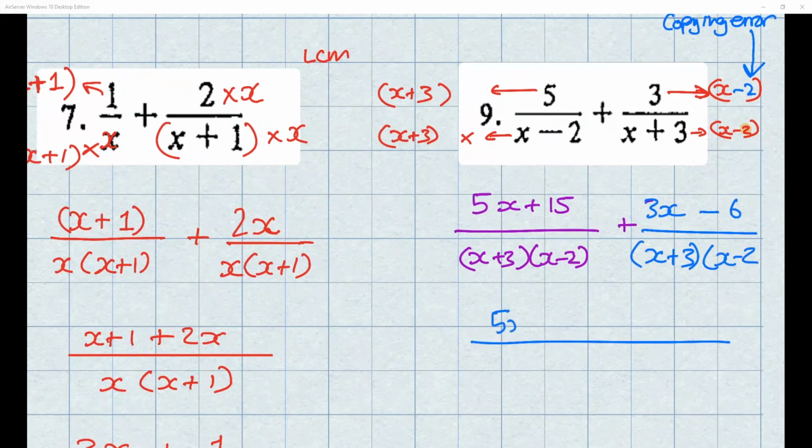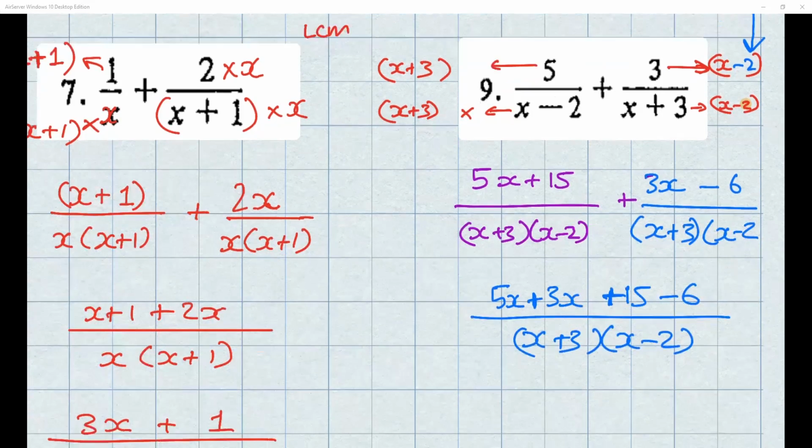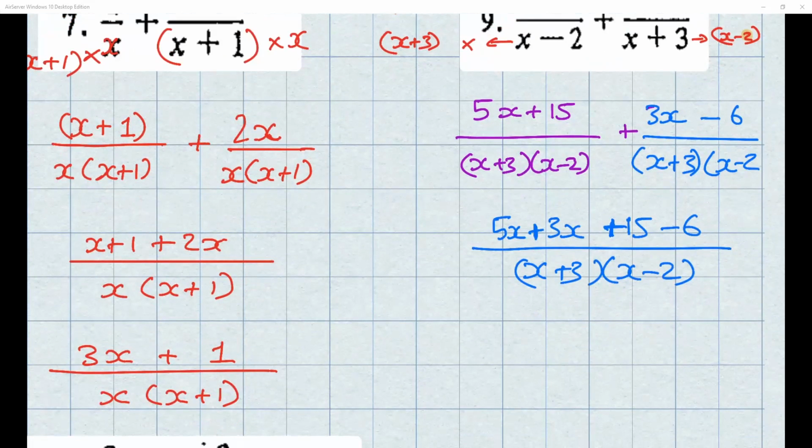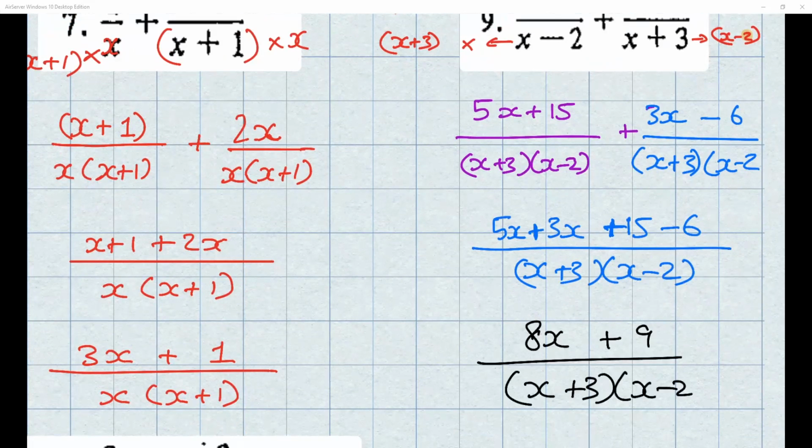So we add 5x, add 3x, and then we add 15, and then we minus the 6 over x plus 3, x minus 2. That gives us a final answer of 5x add 3x is 8x, 15 minus 6 is plus 9, and then the bottom stays the same, x plus 3, x minus 2.